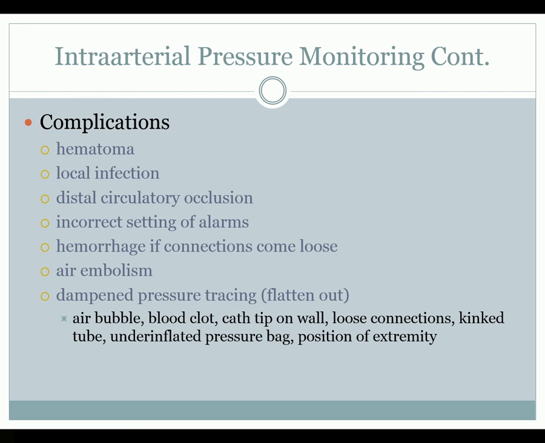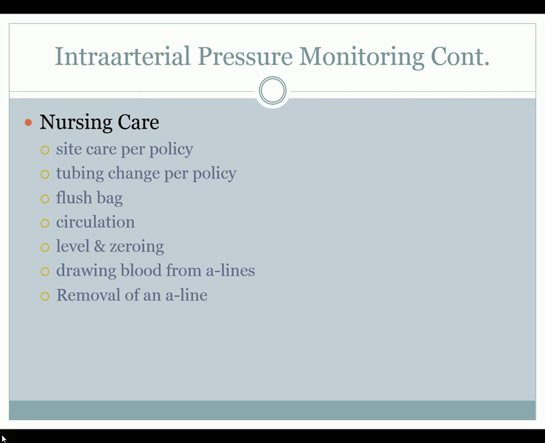They will set the alarms about 20 above and below the patient's baseline. And you want to make sure that you're setting those so that you catch someone before they get too ill. Site care and tubing changes are very important, and you'll do those per policy. Flushing the bag is real fun, and we'll show you how to do that.